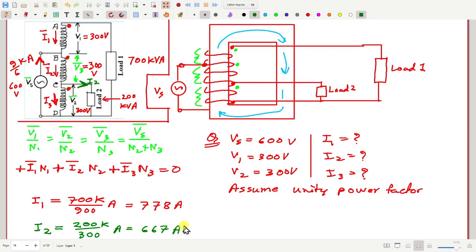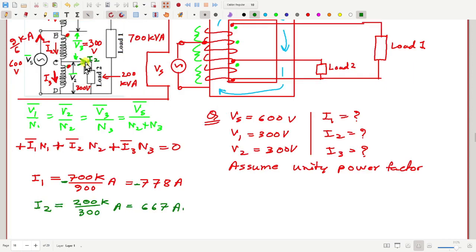Now this current I1 we have already found, but actually this I1 is this current through the load. Here I should put a minus because this is in the opposite direction. Then this I2 is flowing like this.